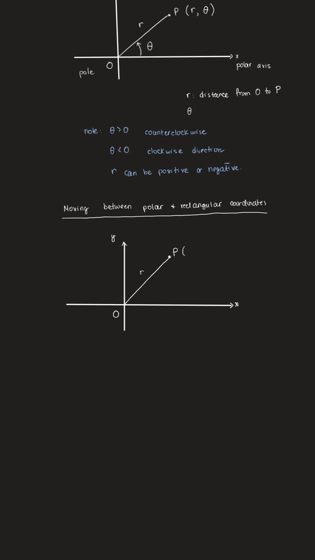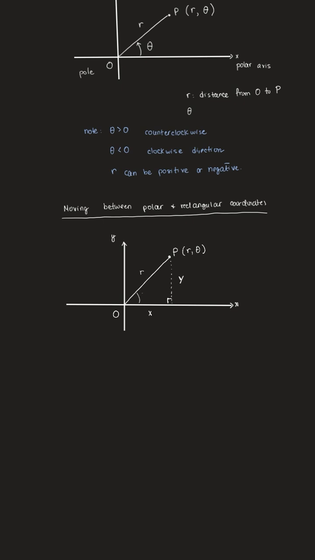Point P, for example, has coordinates r, theta if it's in polar coordinates, but it also has coordinates x, y on the xy plane. So how do we change between them? Well, notice that I can drop a perpendicular here, and we can use some trigonometric relationships to figure out what the x-coordinate of P is and what the y-coordinate of P is in terms of r and theta.